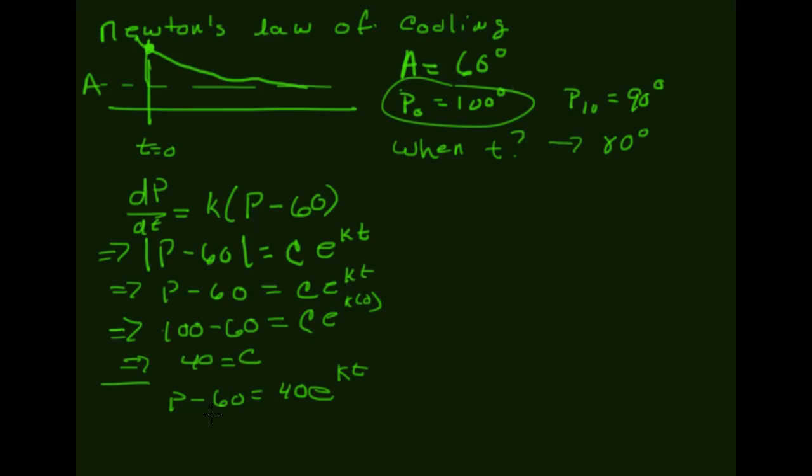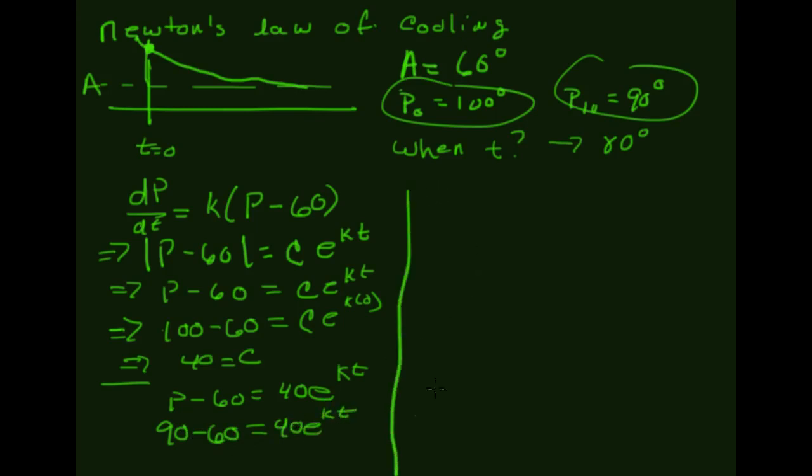Well, I can rearrange this a little bit using the second piece of data. So 90 minus 60 is 40e to the kt. Gets me 30 is 40e to the kt. 3/4 is e to the kt. And we're going to start some estimating here at some point.